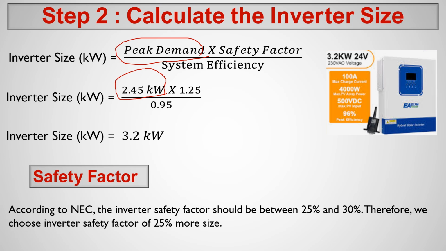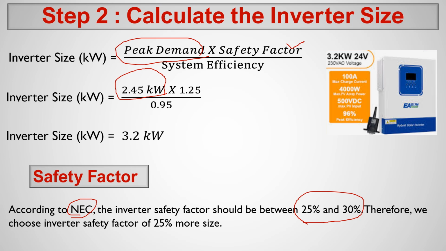And we have a safety factor. Why do we have a safety factor? Because according to the National Electrical Code, we have to use a 25 to 30 percent safety factor. Why are we using a safety factor? Because in the future you may add more load, another air conditioner, another fan, other cooking appliances, so the load may increase.